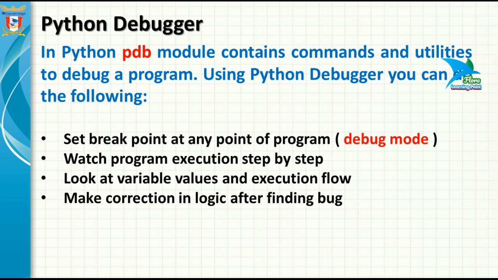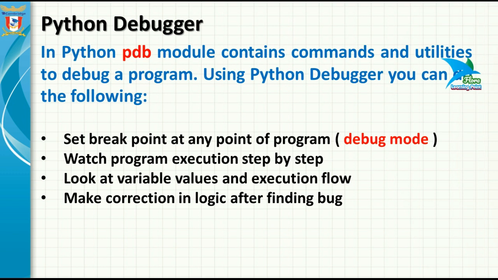Then the next step is to watch program execution step by step. As a programmer you have to watch the execution of a program step by step, and look at variable values and execution flow. After execution of each line you have to look at the value of each variable at that point, and also watch the execution flow of the program.